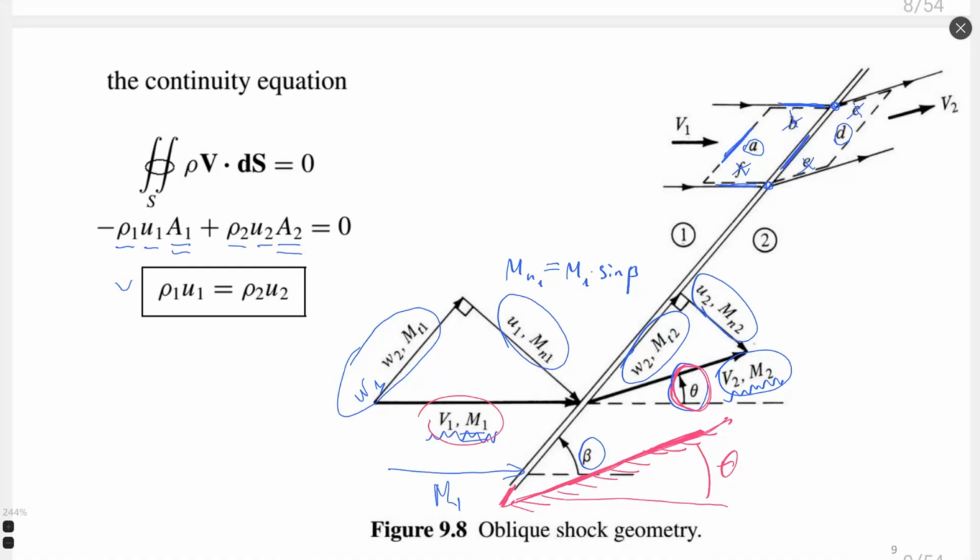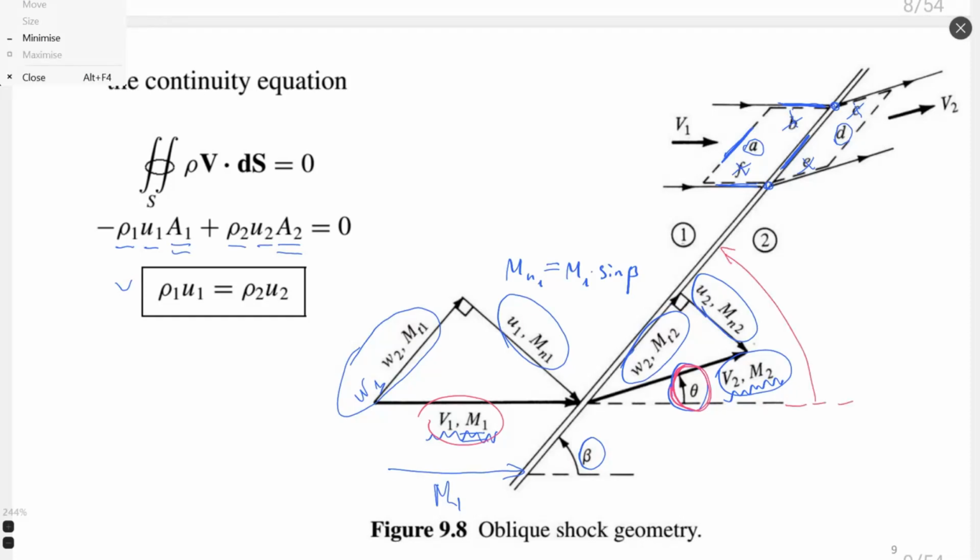Once we define theta, we can find a relation between the normal component of the Mach number after the shock wave and the total Mach number after the shock wave. I can see from here that this is theta, and we also had beta. So where is beta in all this story? Just a moment, I will remove the body, not to have too many drawings here. And we see that, I will extend this angle here, this is beta.